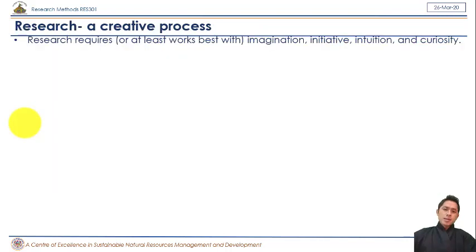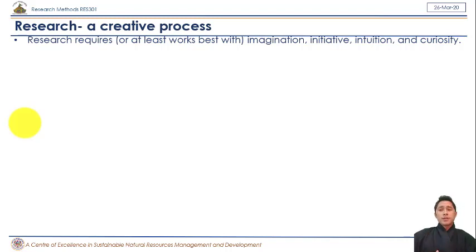Another very important characteristic of scientific research is that it has to be very creative, and research is one thing that really needs creativity. A good research is differentiated from a bad research or a simple moderate research by a thin line, and that line is creativity.